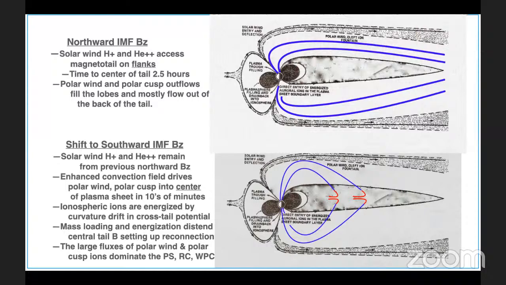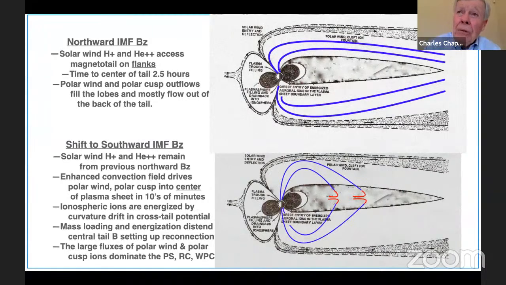Okay, so next question is from Nick. Nick wants to know what mission or orbits or number of satellites you envision to measure the ionospheric outflow. So the idea would be to try to get as broad a coverage as you can of what's flowing out of the ionosphere globally.